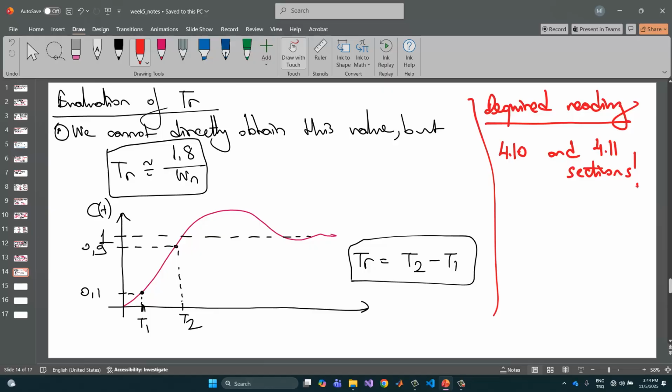You need to read the Nise book for these sections. This is the complementary section about the time response characteristics. Does it also contain the proof for 1.8 over wn? Yes, there is a proof in the book, but we don't have the exact proof. It's also an approximation, not the exact analytic one. Okay?